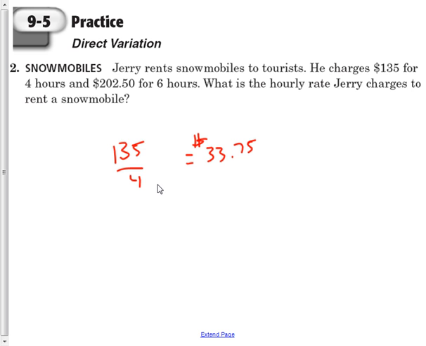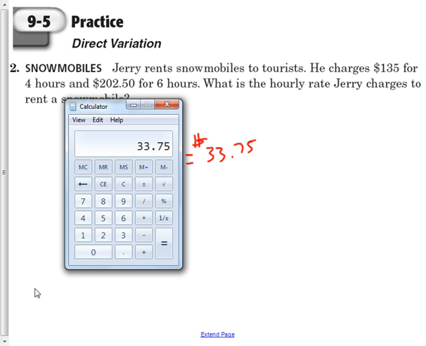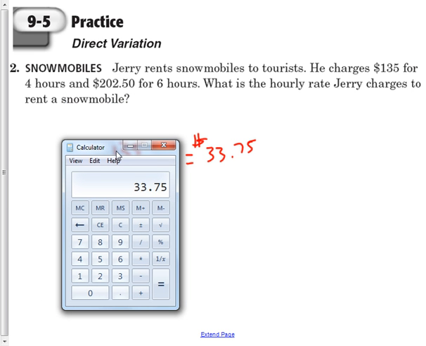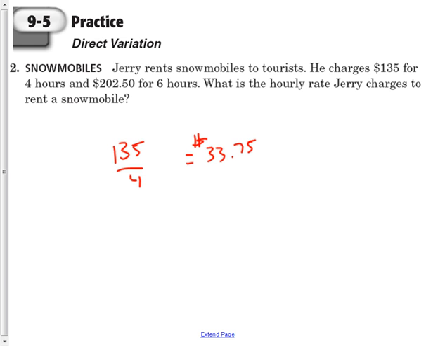And then let's just check that to make sure that it stays the same for the 6 hours. So we can do 202.50 divided by 6, and that's also your $33.75. So we can just say $33.75 per hour, and that would be your direct variation.